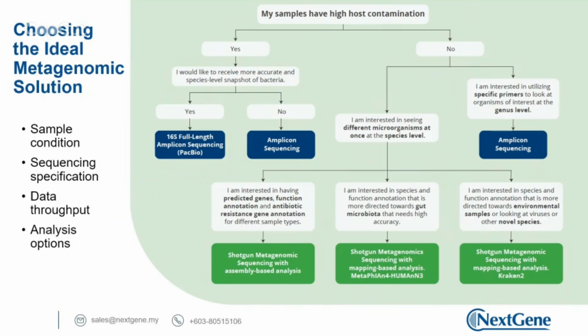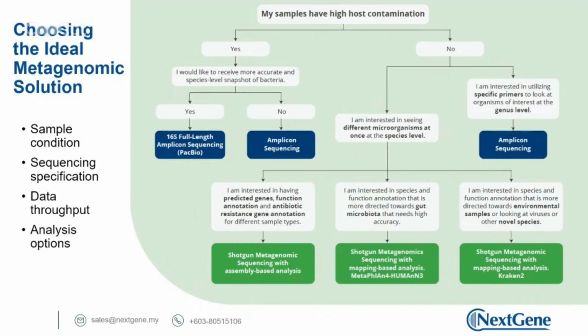Most of the time, because we extract the total DNA from a sample that is mixed with different types of organisms. In some cases, like gut microbiomes, we may extract the total DNA from fecal or stool samples, and then likely the samples will have high host contamination.